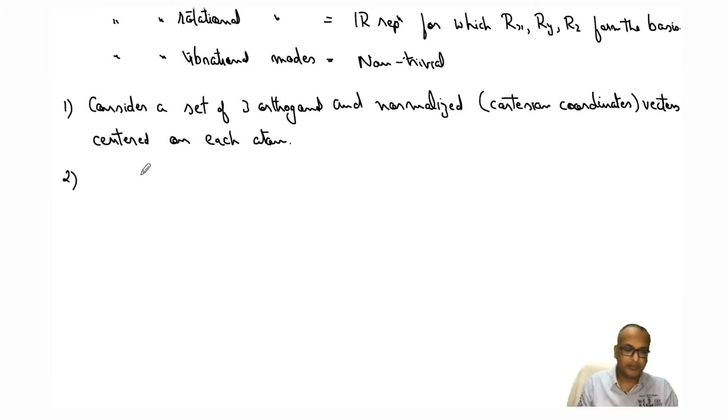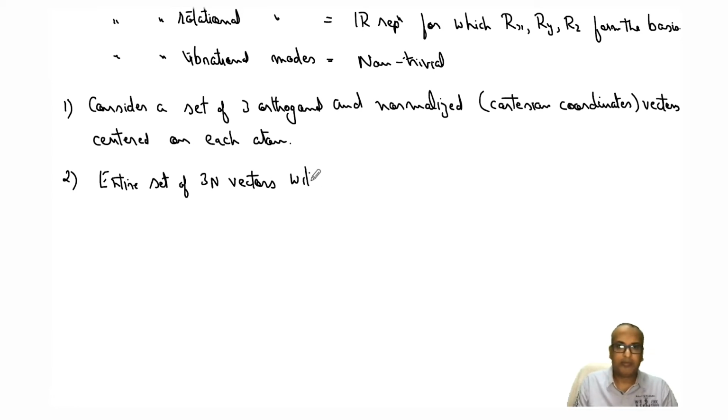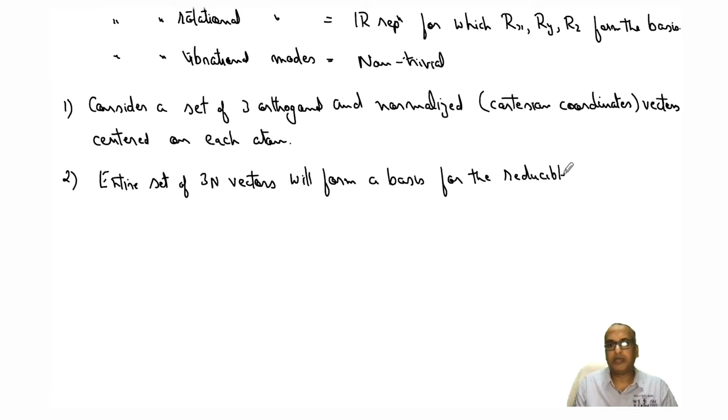Now the entire set of 3n vectors will form a basis for the reducible representation of the point group, right? So we have vectors on each atom, and now we can create a reducible representation of the point group using this as the basis.